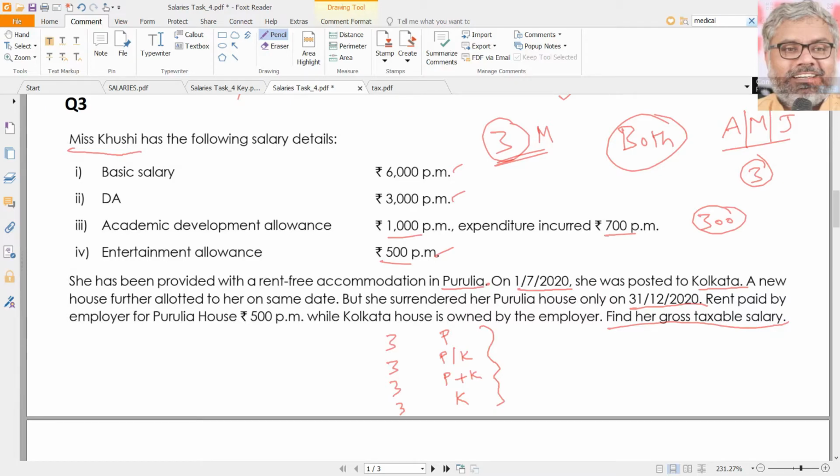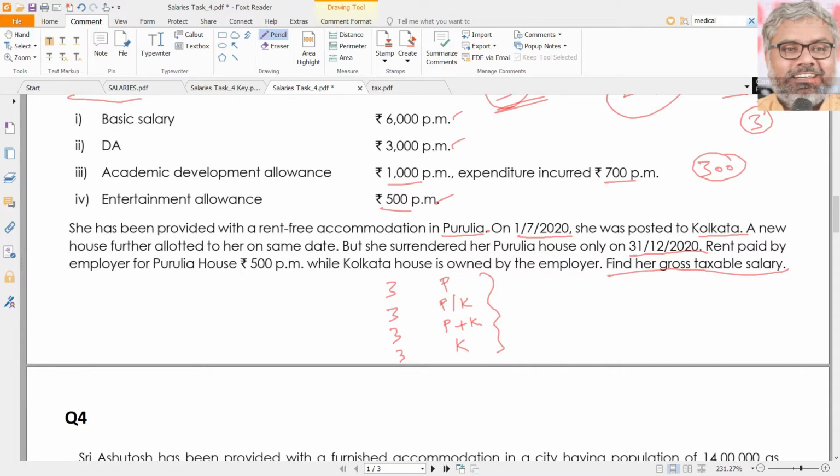And once we know that, what is the value that can be done? For that purpose, rent paid by the employer for the Purulia house is 500 rupees per month. So what will be that? 15% of salary or rent paid, whichever is lower. For this purpose, when the house is not owned by the employer, the population of the city doesn't matter.